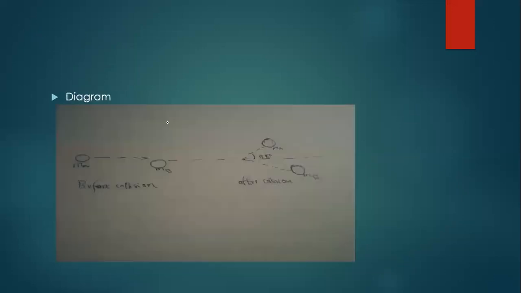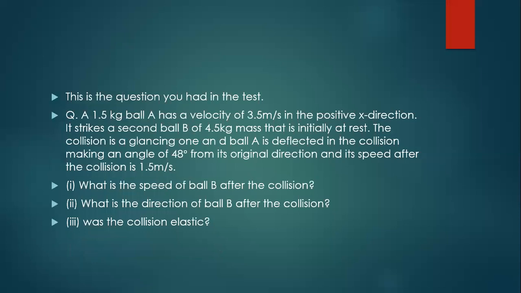So this is the question that you had in the test. I've actually solved it here so that you can test yourself and see how to go about such a question.